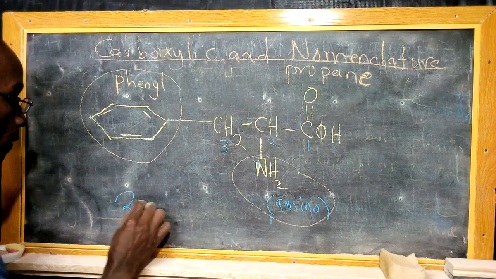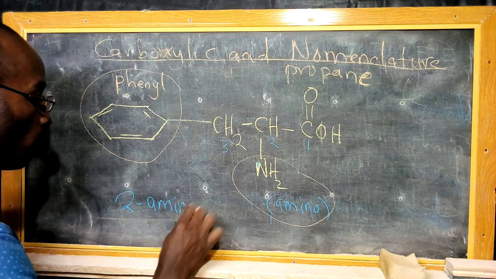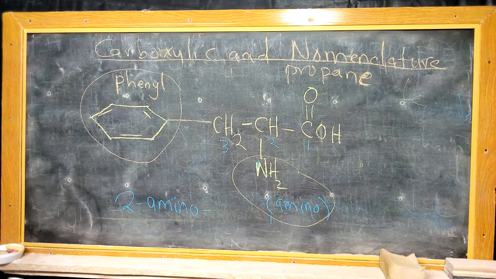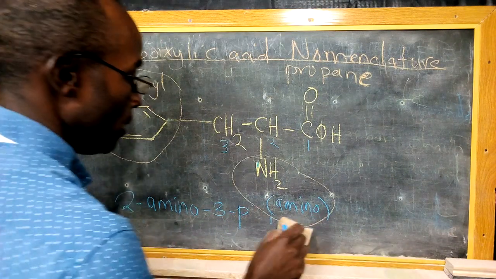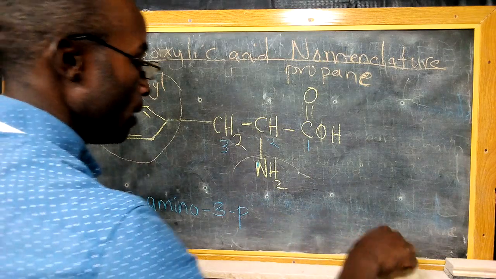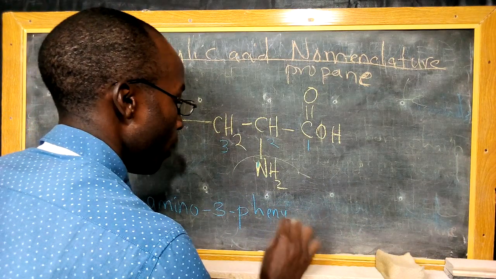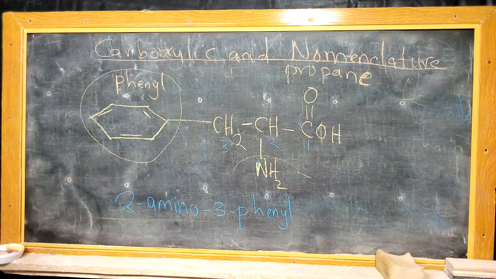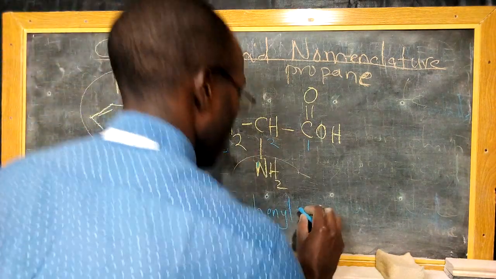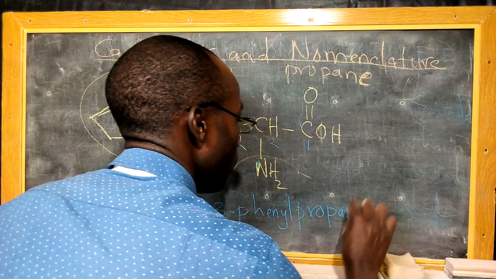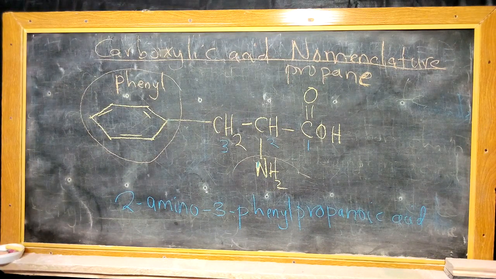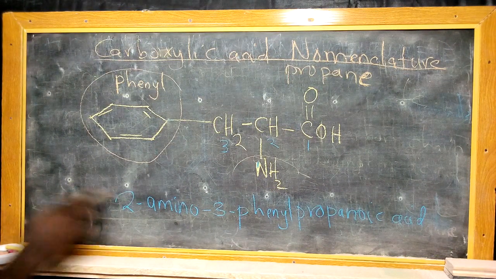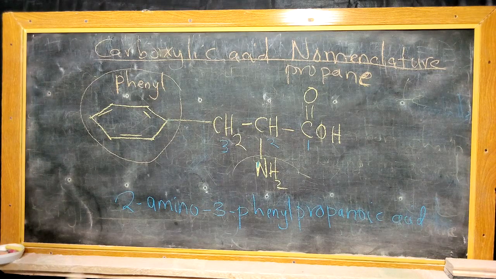So it is 2-amino. The next substituent, 3-phenyl, propanoic acid. So the name of that particular carboxylic acid is 2-amino-3-phenylpropanoic acid.